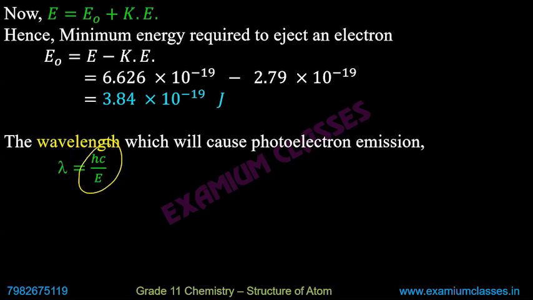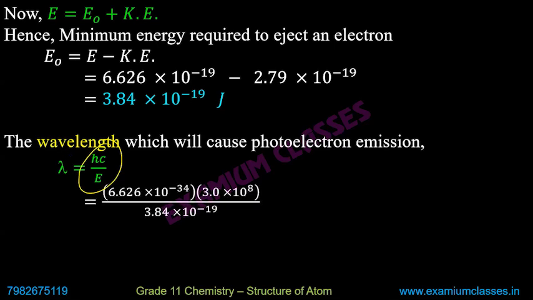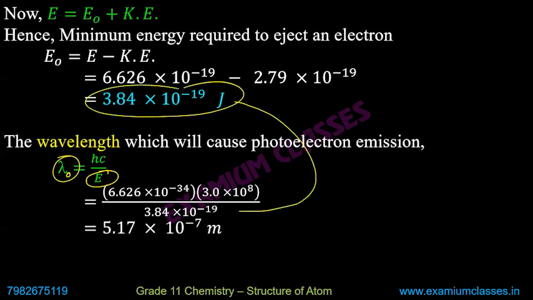Good, lambda naught equals hc by E naught. Because this is minimum, lambda naught will be maximum. Substitute the values. This you have obtained anyway. Substitute these values and get the answer.